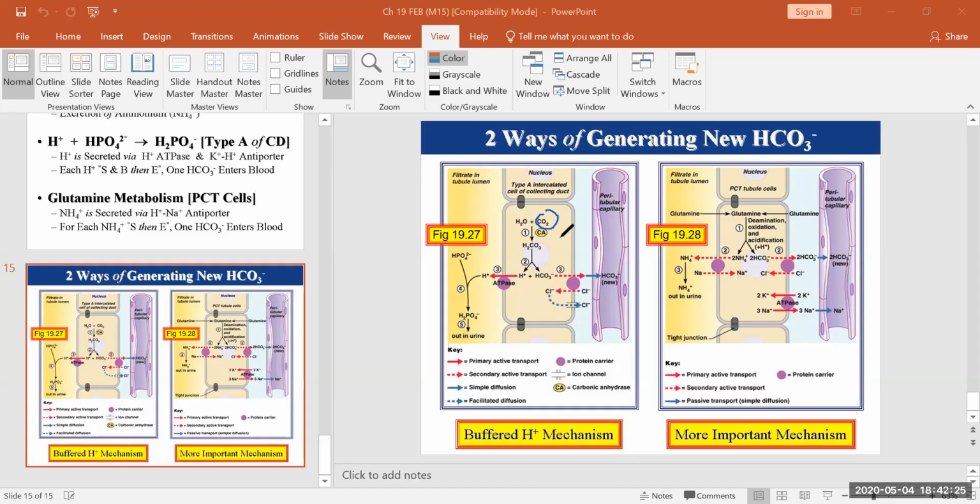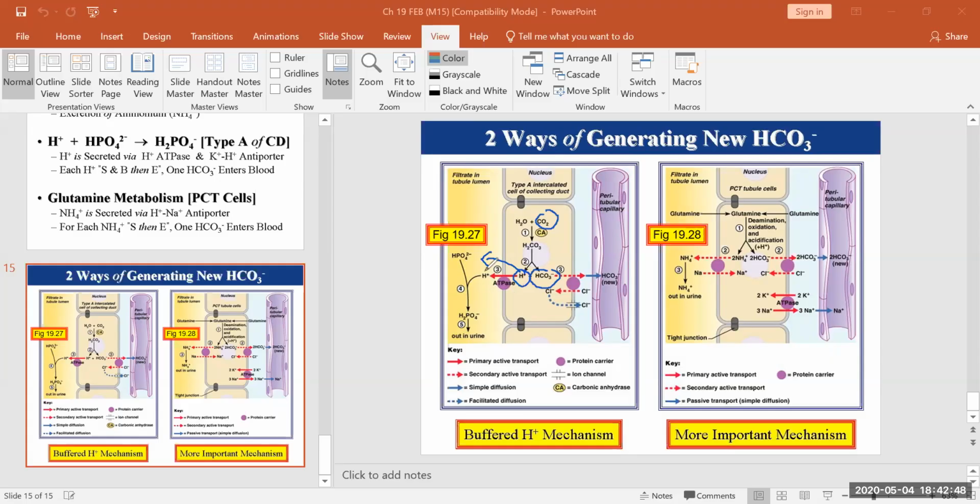In this case, some of this CO2 is utilized to generate bicarbonate, and that proton gets kicked out. Again, this is primary active transport. This is a unique proton pump consuming energy to kick out protons.